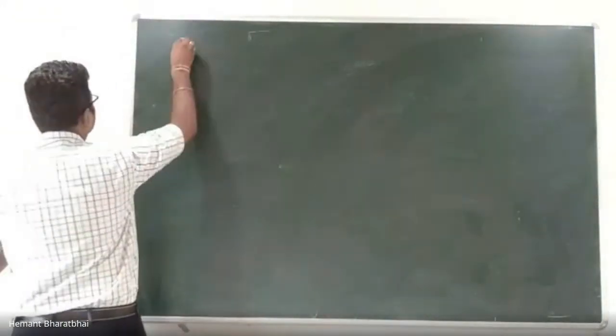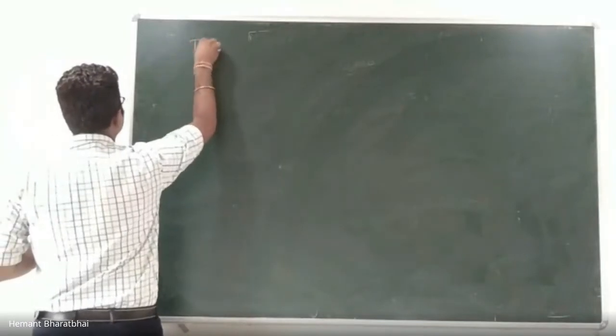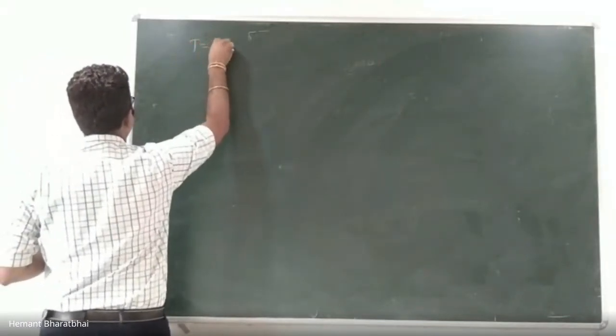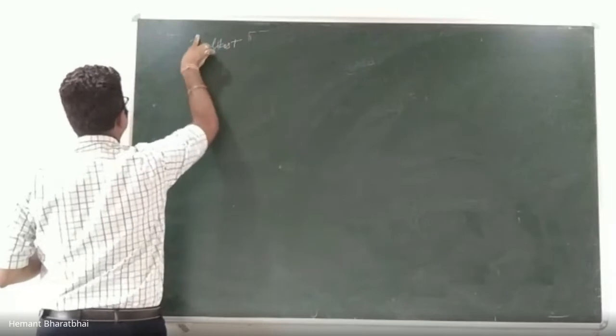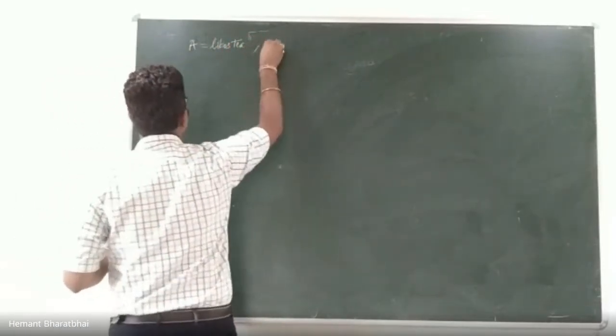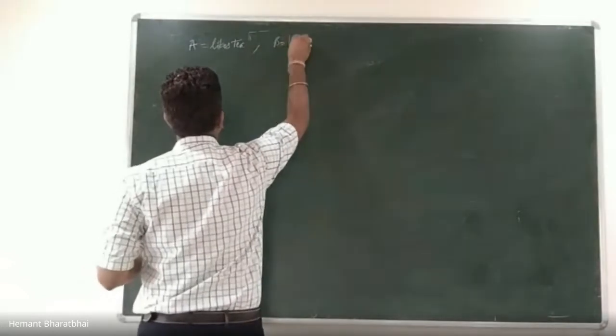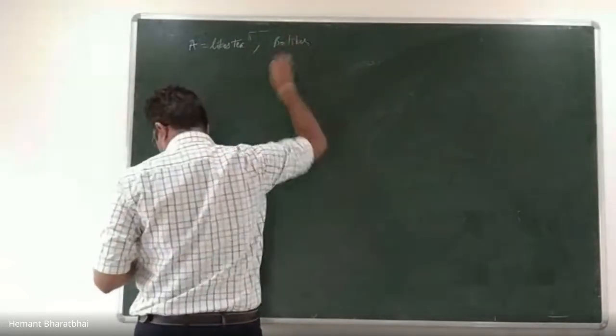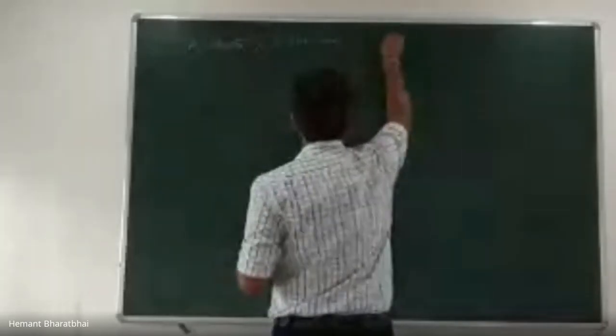And what is it saying? Let A be equal to likes tea, B is equal to likes coffee, C is equal to likes or takes milk.